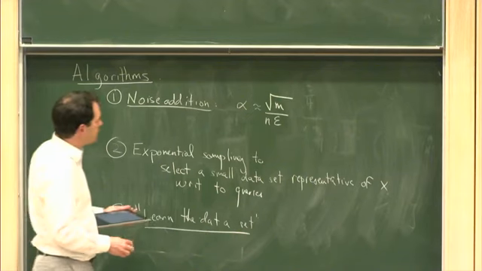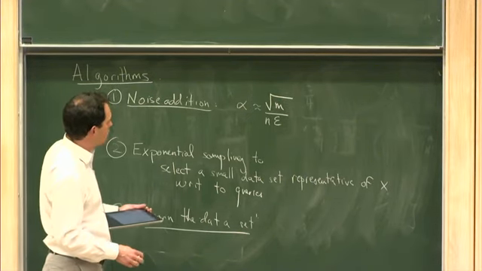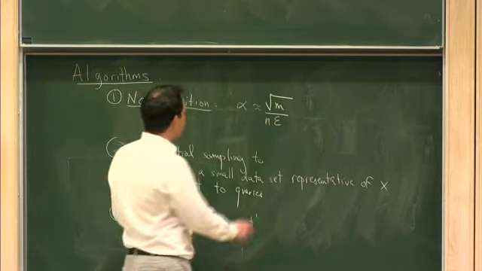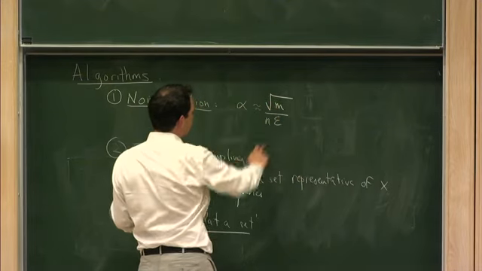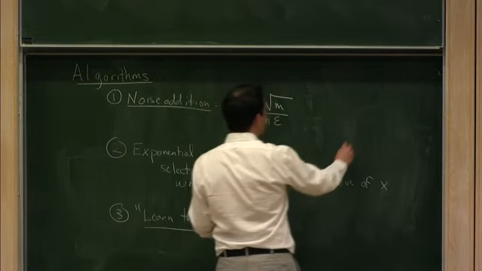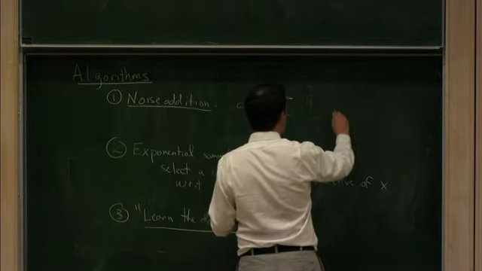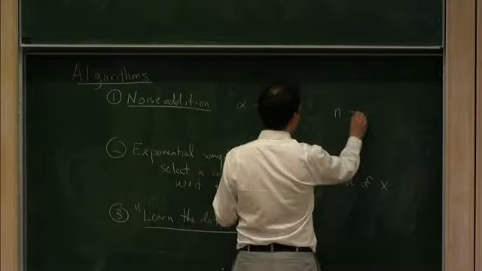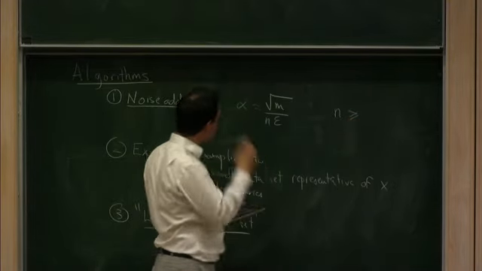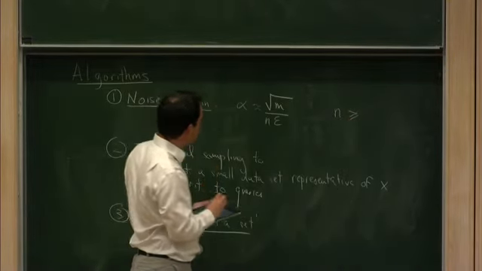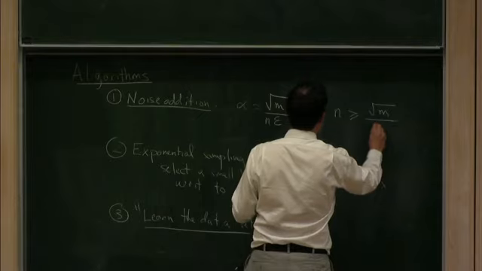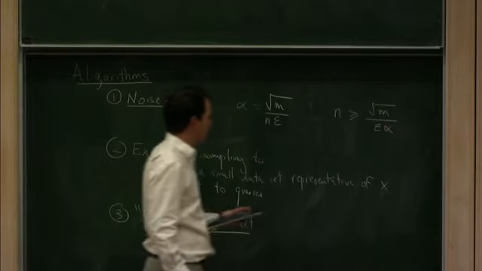And to make these easier to compare, it actually helps to reformulate the bounds a little bit. If I take this bound and reformulate it in terms of n, asking what is the n I need to get a given level of accuracy, what I'll get is something like square root of m over epsilon alpha.